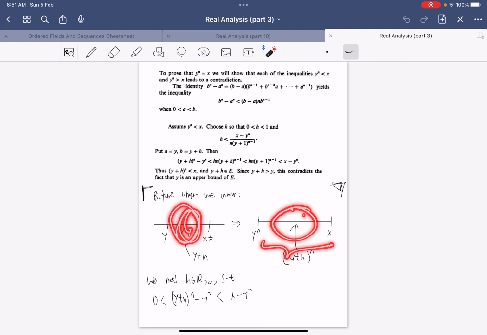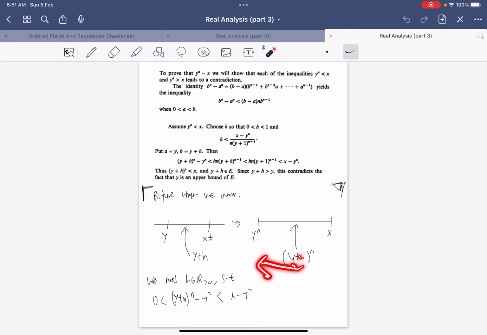And so what we really need is for h to satisfy the following. That means the distance between (y plus h) to the power n and y to the power n is less than the distance from x to y to the power n.